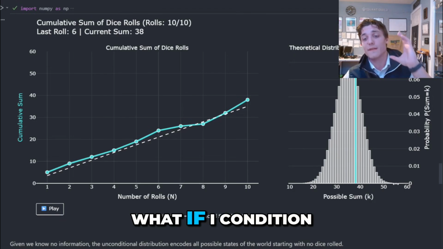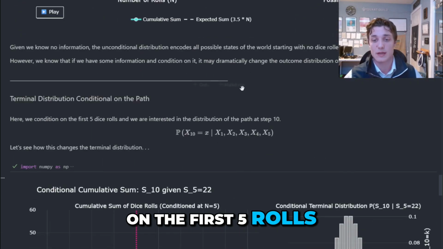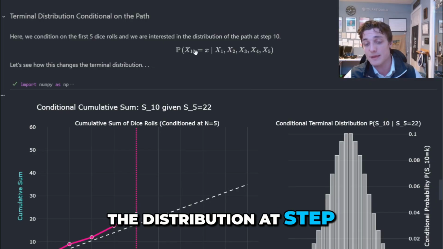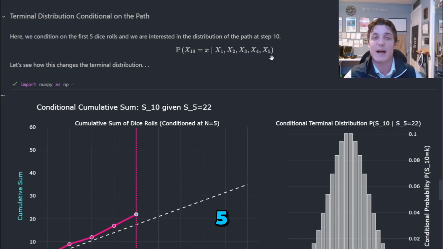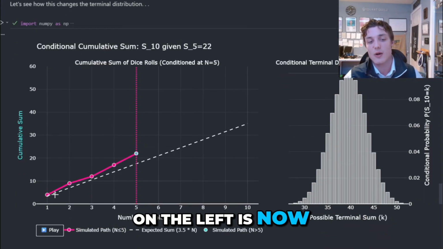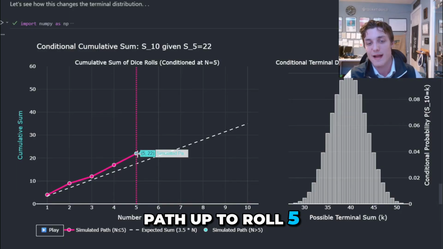Okay, well, what if I condition on the first 5 rolls? Now I'm looking at the distribution at step 10, at roll 10, but I already observed 5 values. What you're observing here on the left is that I've already seen this path up to roll 5.